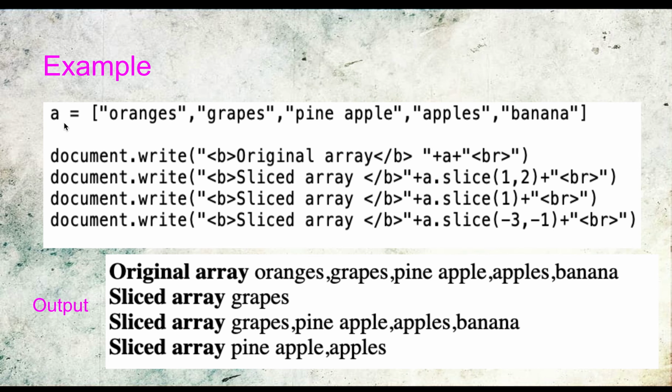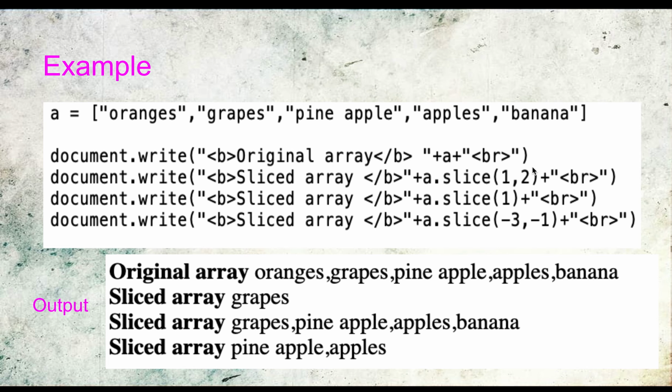Here the original array is array A with the fruits, and in the second document.write we do slicing. That is, the start index is given as 1 and the end index is given as 2. Here oranges is 0, and the second one is grapes. 2 represents pineapple.